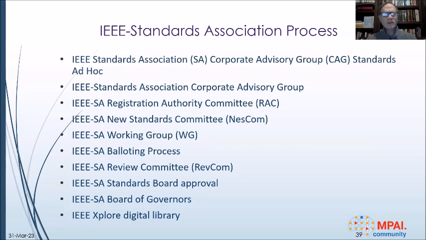And then we have a series of balloting processes. This goes to a review committee that will then review, and at the end of the day, this is approved by the standards board, and at that point, this becomes a standard. This is then officially approved by the Board of Governors and is made available on the IEEE Xplore digital library. Next slide, please.